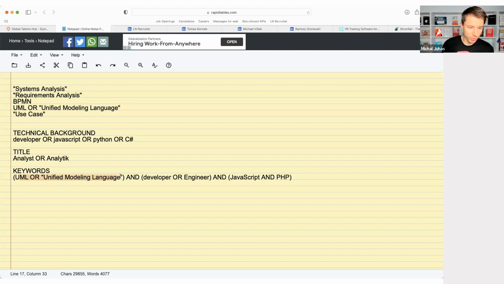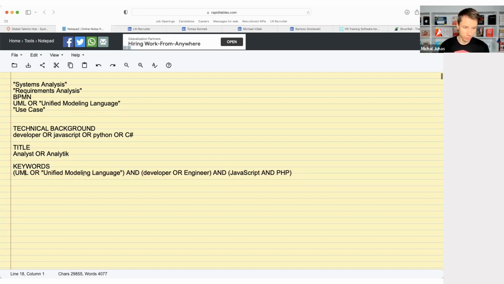This was very powerful. As you can see, on one, we were able to find profiles who have both UML, Unified Modeling Language, and also experience with software development. But this is just one of many. We could use another variation. So instead of UML or Unified Modeling Language, we could use use case or BPMN.